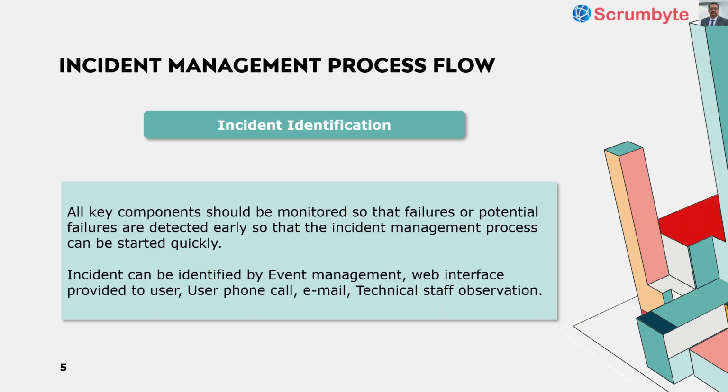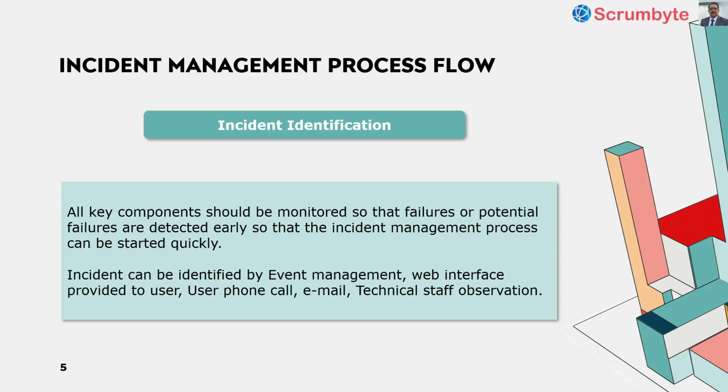Incidents can be identified in different ways, like we already talked about in the earlier diagram. It's by event management, which is a separate topic. It can happen through a web interface provided to the user, or some kind of phone call. Hey, you know what, my computer is on fire, so that's an incident.